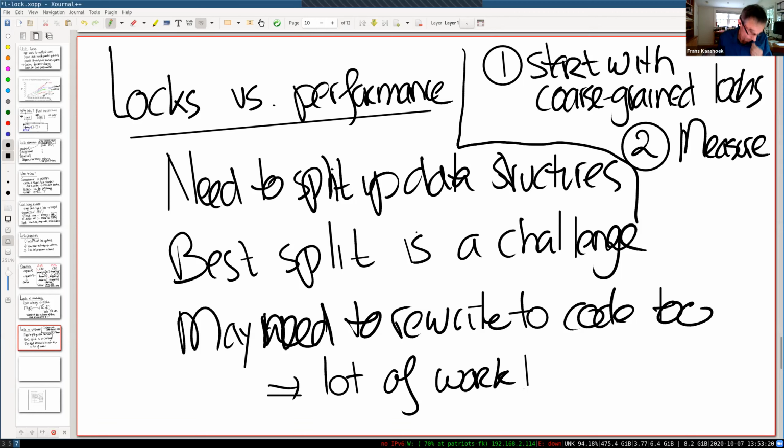And if they do, you're basically done. Your locking design is good enough. If you don't get speedup, then that means that some lock is contended. Multiple processes are trying to get the same lock, and therefore they are serialized, and therefore you don't get speedup. Then you need to redesign.